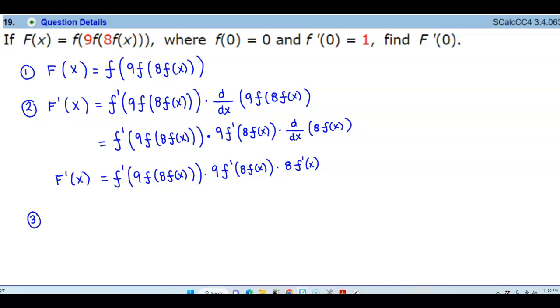Now for step 3, we want to find F prime of 0. So let's replace x with 0 where it needs to be.